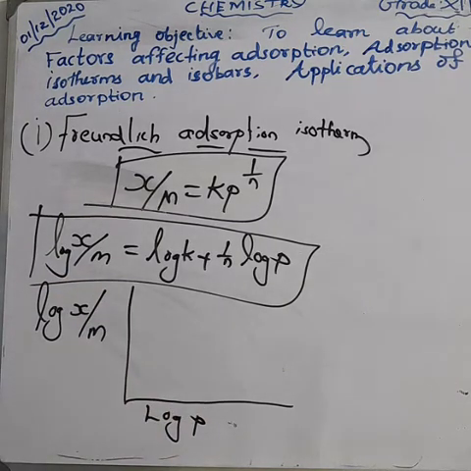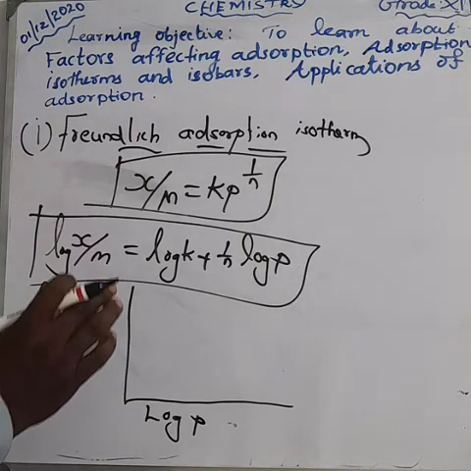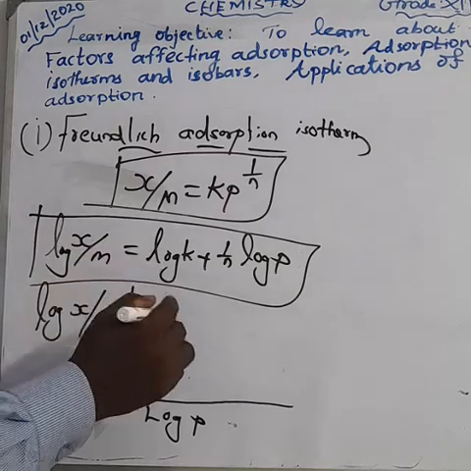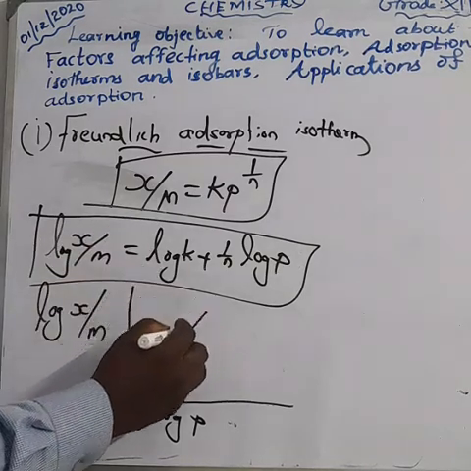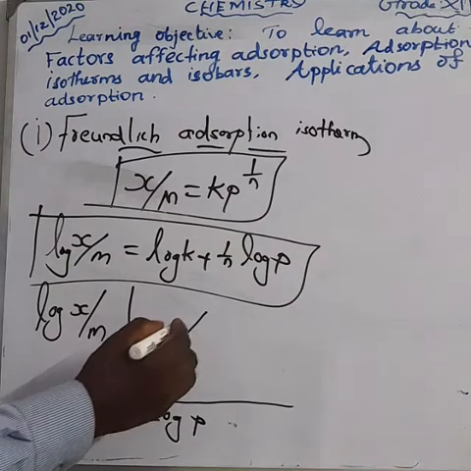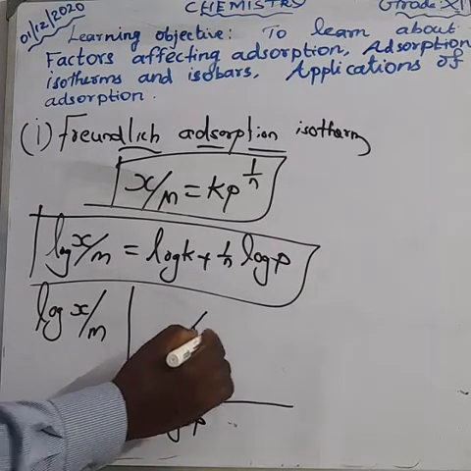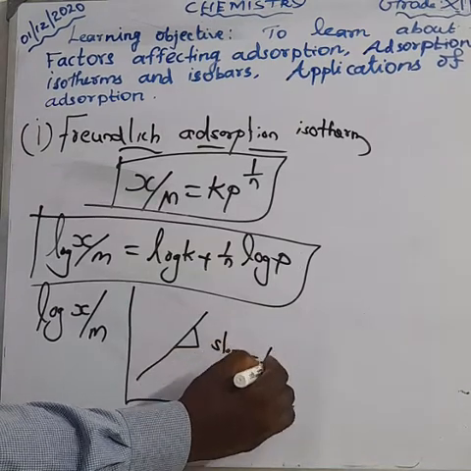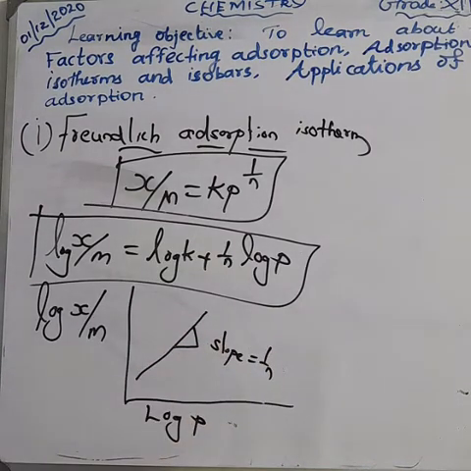Here we get one straight line with a slope. The intercept represents the value of log k, and the slope is 1 by n. So the intercept represents k and the slope gives 1 by n.